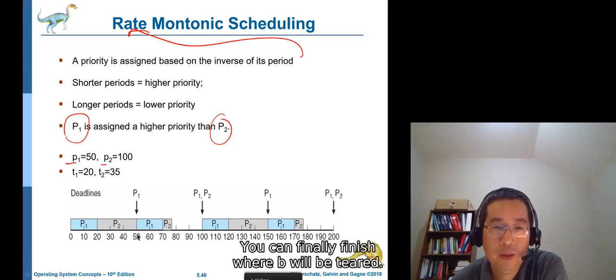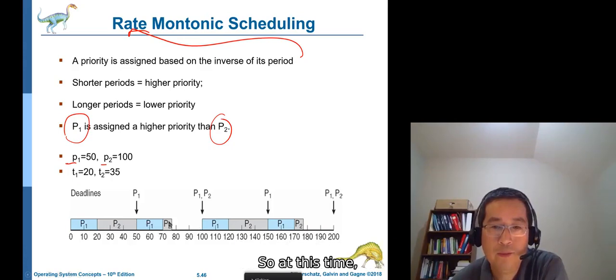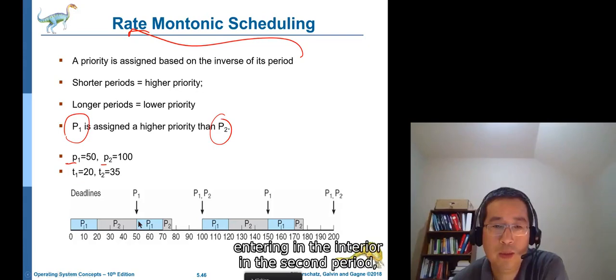you can find it will finish at 55. But 55 is already entering the second period of P1. So at this time we can allow P1 to preempt P2, because now we are entering the second period.